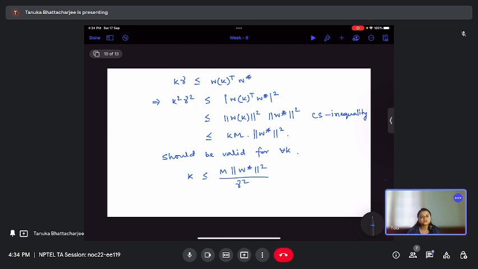It is not valid for all k infinitely. So, the assumption that we made, that convergence won't be achieved even if we have linearly separable classes, is not true. That means, if we have linearly separable classes, then convergence will certainly be achieved in some finite number of iterations. So, convergence is guaranteed.